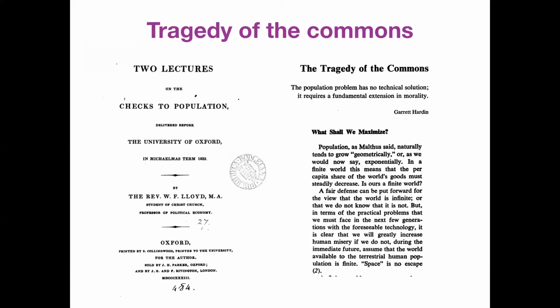Especially thanks to Garrett Hardin, who published in the 60s a Science paper that became a seminal work in economics, and not only in economics, with 50,000 citations, the term tragedy of the commons was coined. It can be formulated as an economic problem in which every individual has an incentive to consume the resource at the expense of other individuals. This is the non-excludable nature of the common pool.